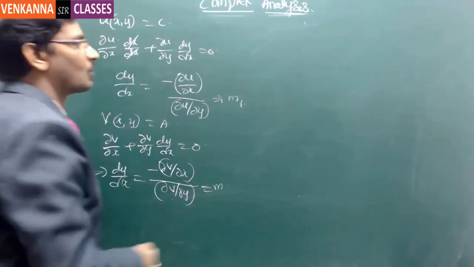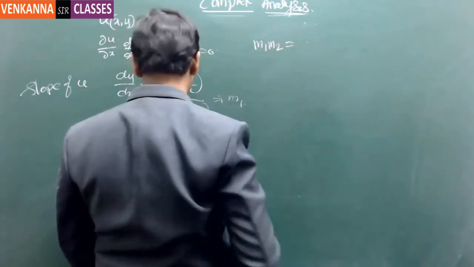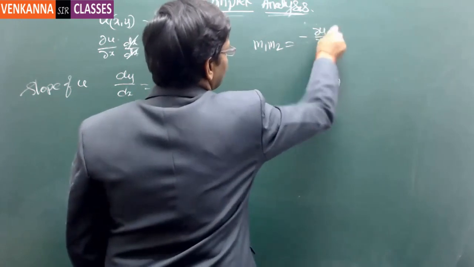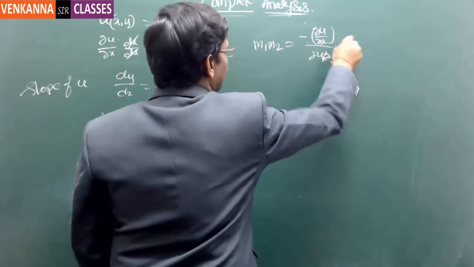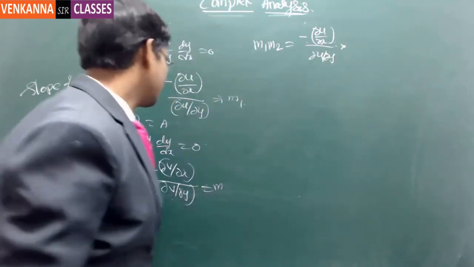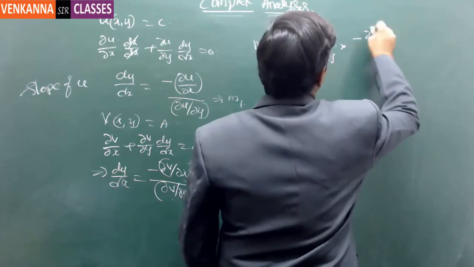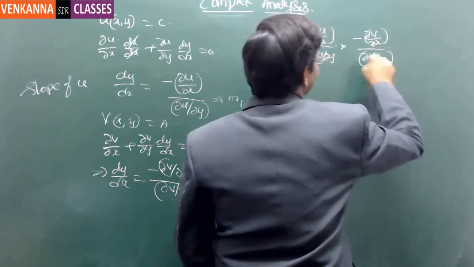Now if I take the product of these two, that is m1 into m2, it is minus dou u by dou x divided by dou u by dou y, into minus dou v by dou x divided by dou v by dou y. Now apply the CR equations on this.